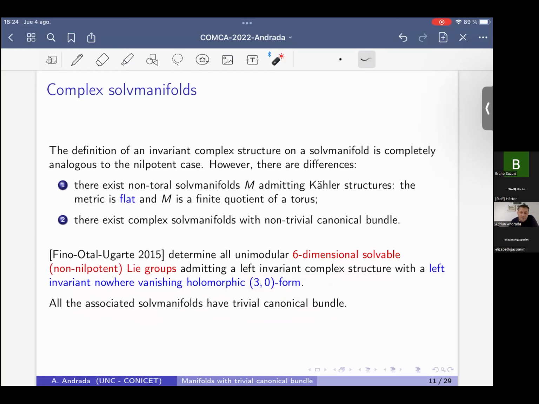But it was not easy to obtain that classification. They used some particular results of exactly these dimensions, and they used some results by Hitchin on 3-forms on 6-dimensional vector spaces.